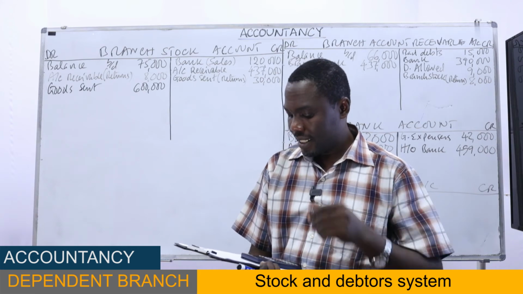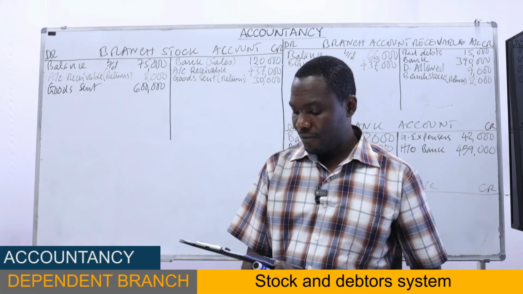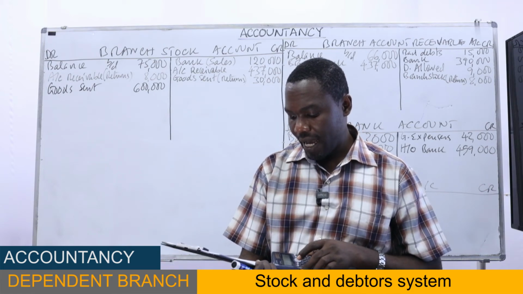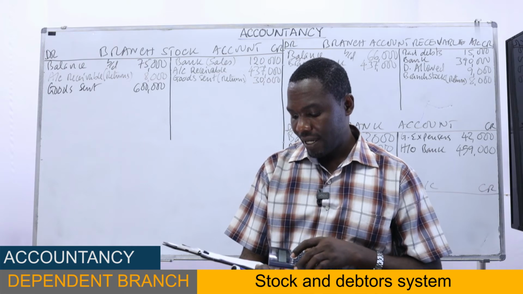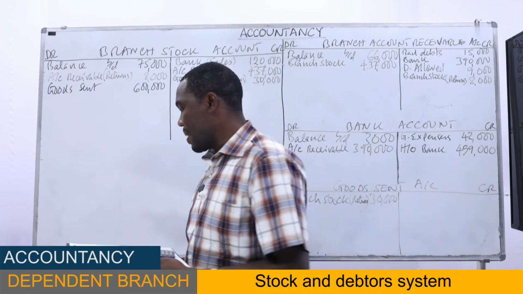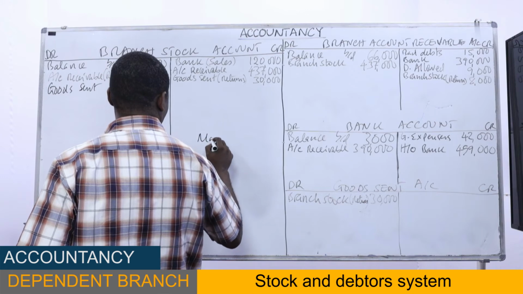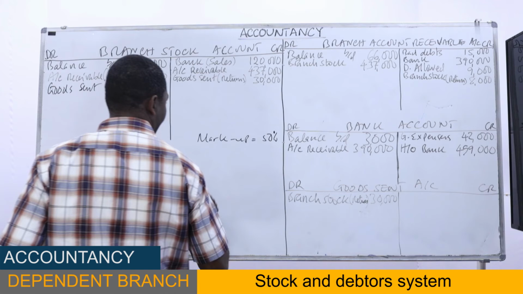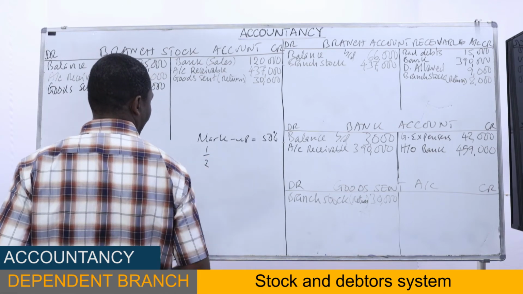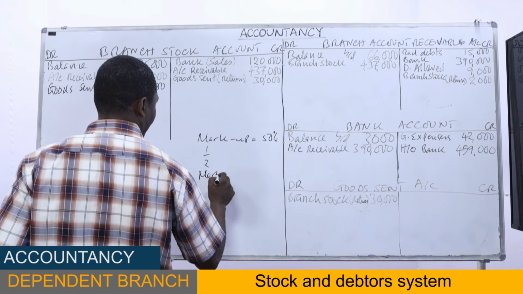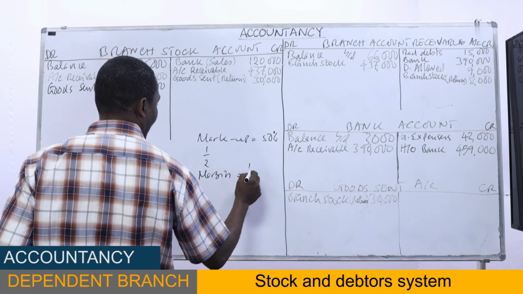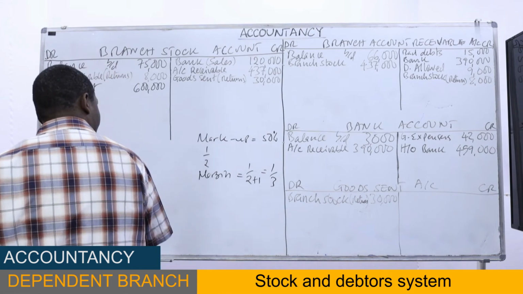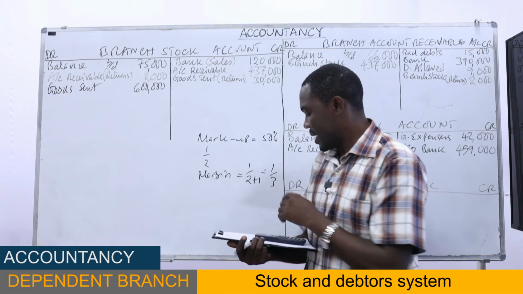If it is 600, we need to adjust for the profit loading. We are told that the goods sent were at cost plus 50%. That was the markup. So markup was 50%, that means 1 over 2. Then margin will be 1 over 2 plus 1, which will be 1 over 3. That will be our margin.